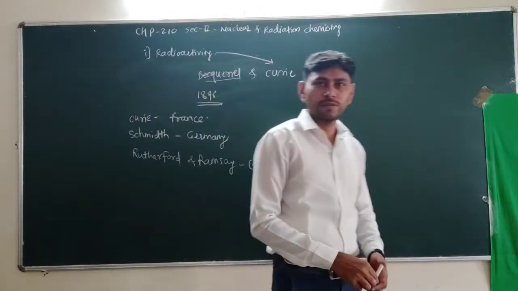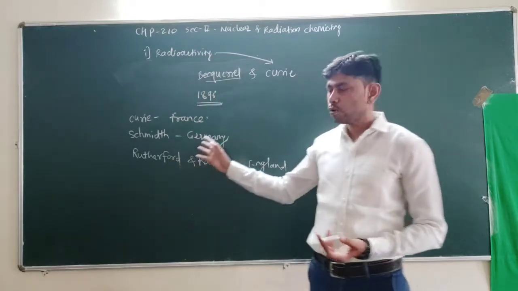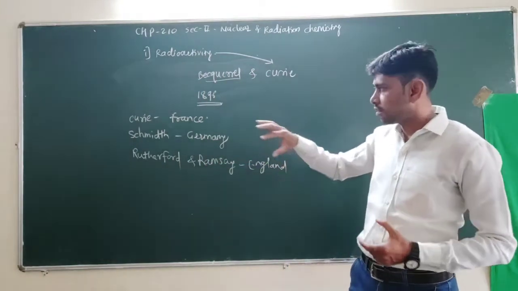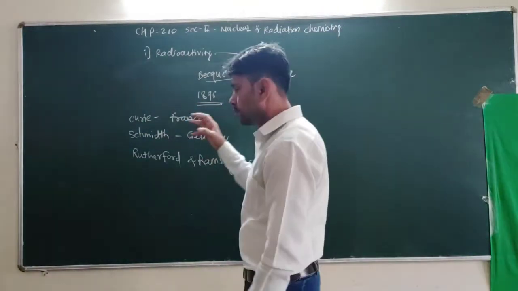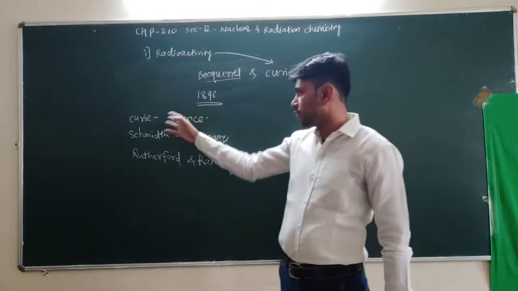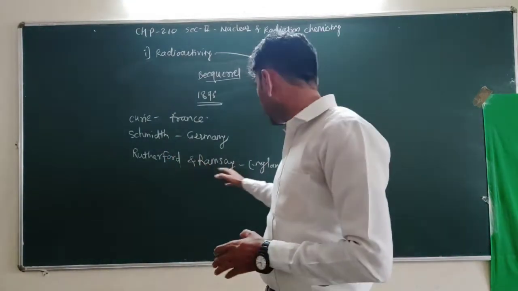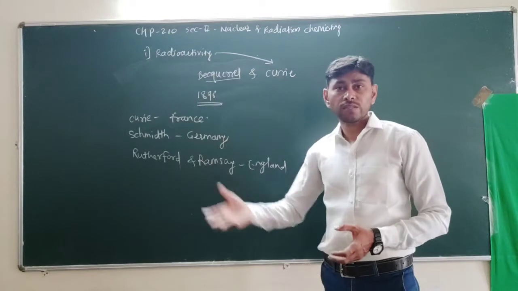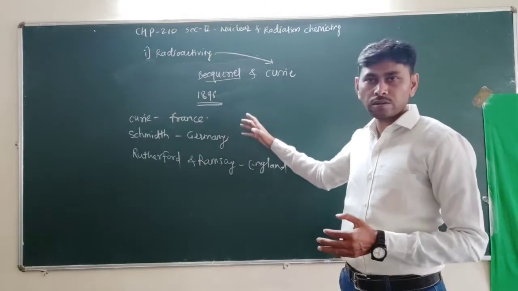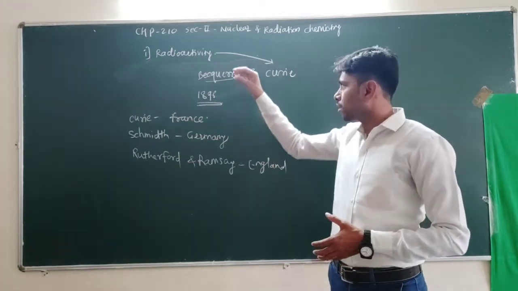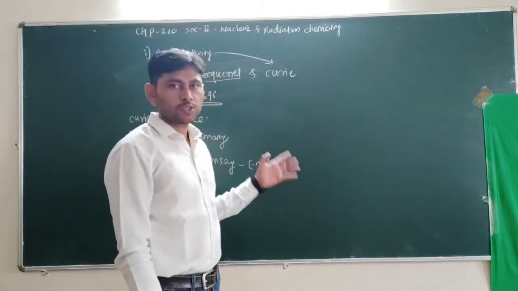We don't know the names of all the contributors to the concept of nuclear chemistry, but there are certain names that come to light: Becquerel, Curie from France, Smith from Germany, Rutherford and Ramsay in England, and many other unknown hands who contributed to the discovery of radioactivity and to the invention of nuclear chemistry.